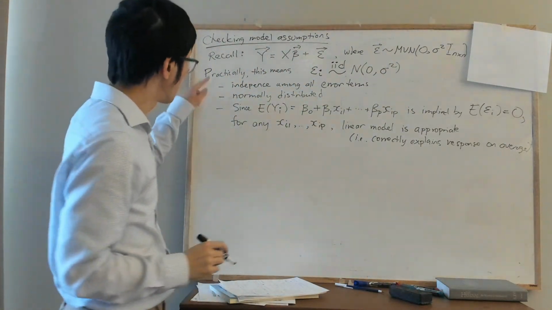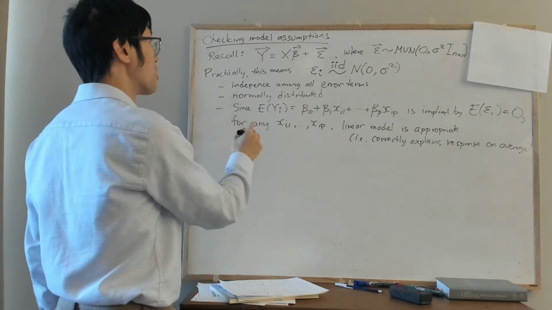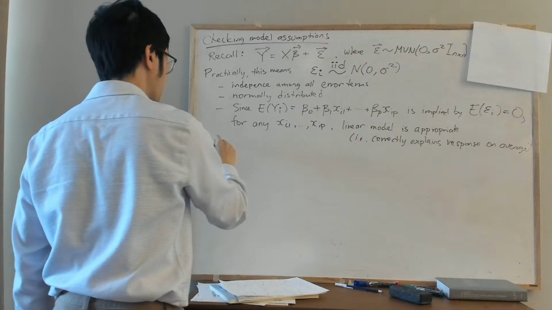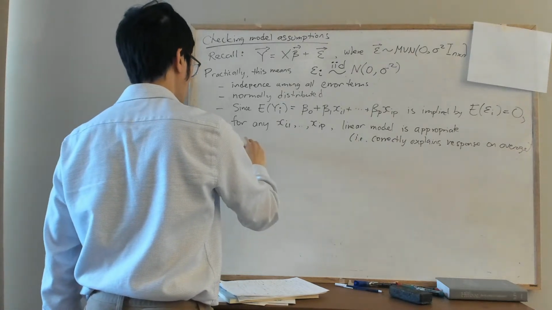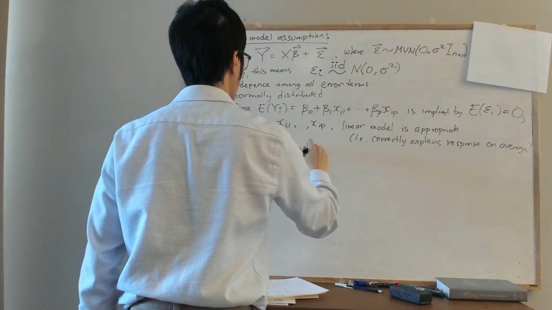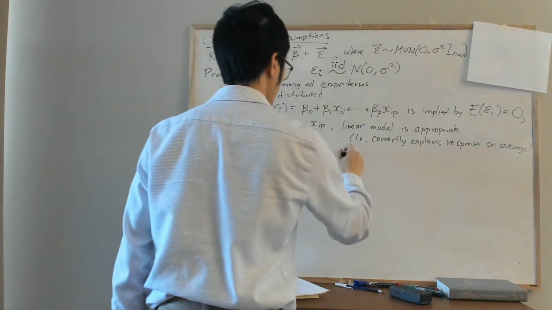So that's three, and then I'm just missing one last one, which is, as pointed out, that they all have the same sigma squared: constant error variance, sigma squared.